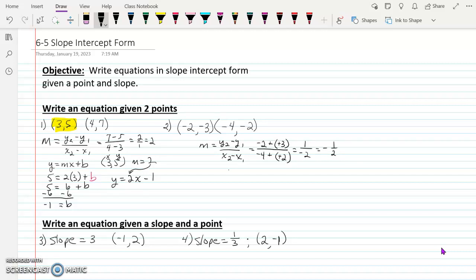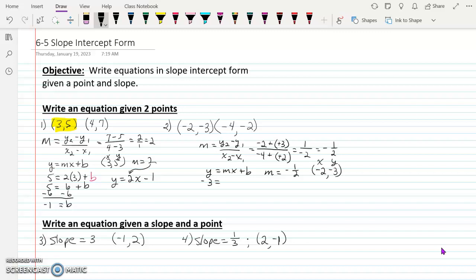Again, I'll choose a point, doesn't really matter which one, to substitute in y equals mx plus b. So our slope is -1/2. And for this one, I'm going to choose the point (-2, -3). Let's substitute our values. So I'm going to replace x with -2 and y with -3.